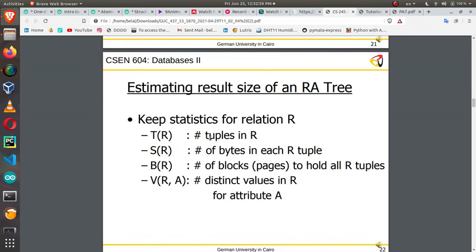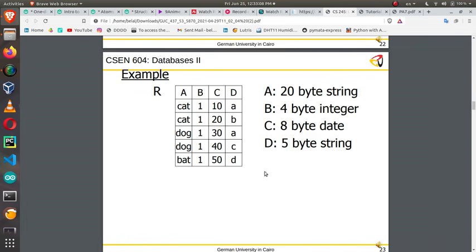T of R represents the number of tuples in R. S of R represents the size of each tuple in table R, and B of R represents the number of blocks used to store relation R. V of R, A is the number of distinct values in relation R for column or attribute A. Nice and easy, clear.